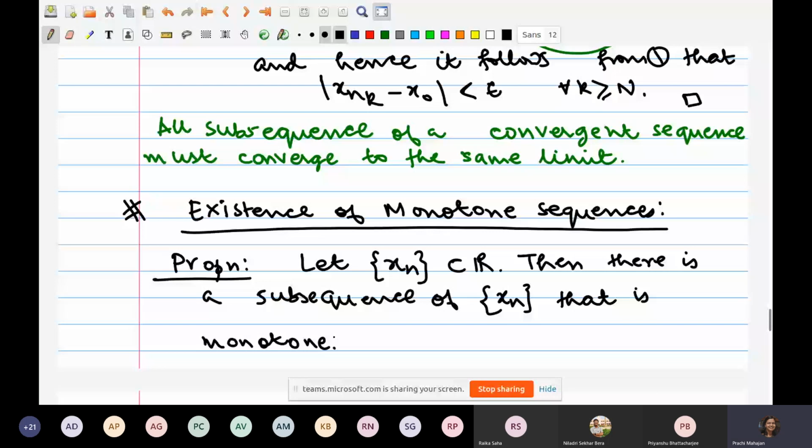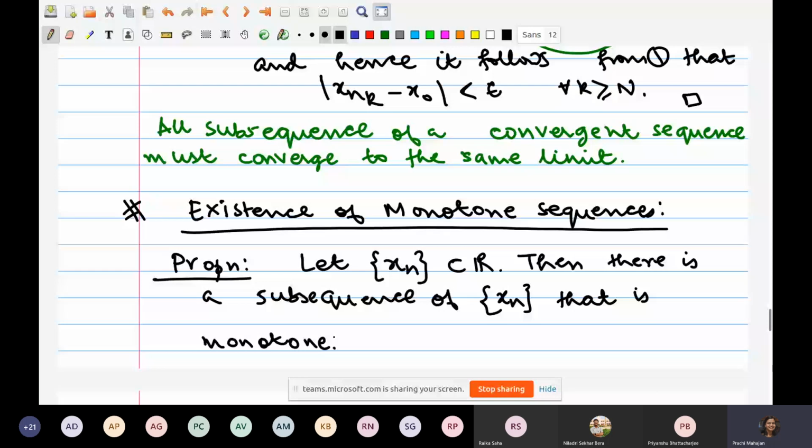This is rather useful. And how and why, maybe we will be able to discuss once we are at home with the proof of the statement. But does the statement make sense to everybody? The sequence xn in itself may not be monotone.